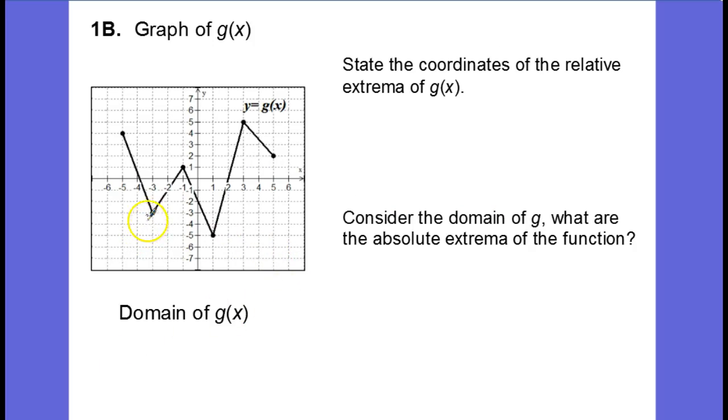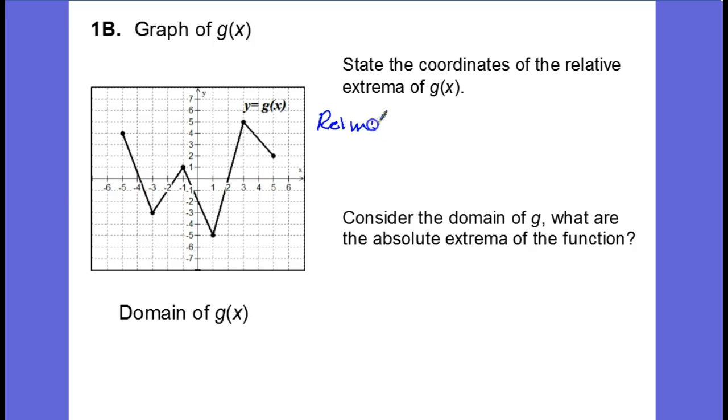In part B, I do have a function g of x over a closed interval. In this case, we can take a look at relative and absolute minima and maxima. So let's take a look. I actually have more than one relative minimum.